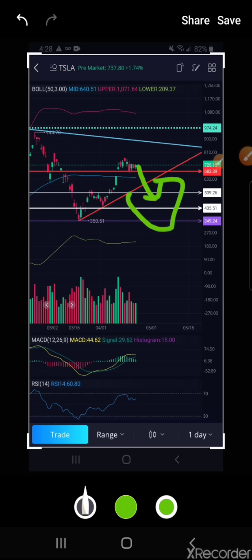So somewhere between 540 and 440 could easily happen. And then most likely buyers would be like, all right, cool, we got this area. But then again, that's about $300 away from where it's at right now. So maybe not necessarily probable, so to say.